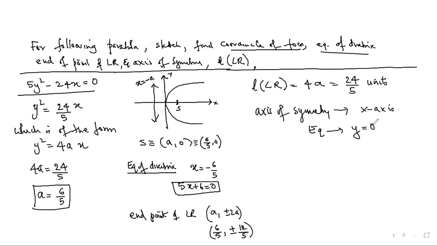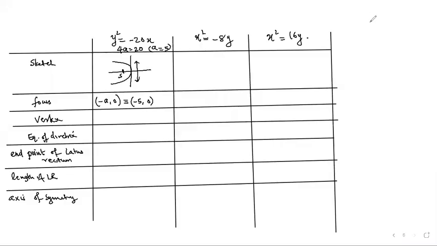I hope all of you understood. Yes or no? Yes. So y square equal to minus 20x. You will compare this with y square equal to minus 4ax. You compared with y square equal to minus 4ax.